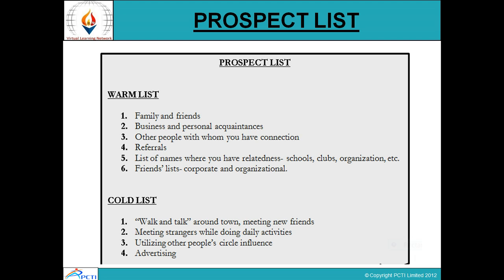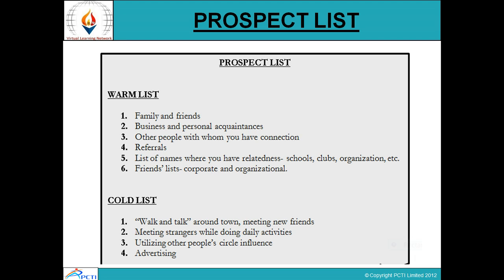Word-of-mouth publicity is another mode of advertising. शो एंड टेल कंपटीशन ऑर्गेनाइज करके भी हम एडवर्टीजमेंट परफॉर्म कर सकते हैं, पैम्फलेट डिस्ट्रीब्यूशन से, by performing different unique selling points, web marketing. These are the different ways by which we can advertise our product and services, and all these basically come under the cold list, which is ultimately part of the prospect list.